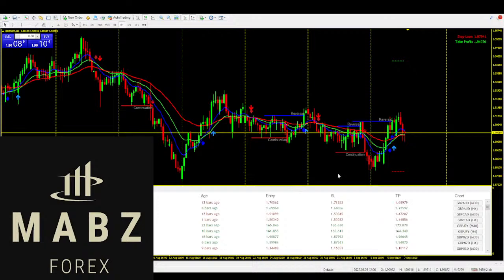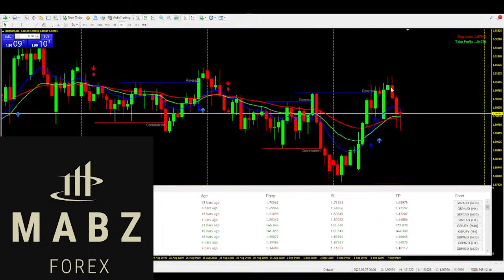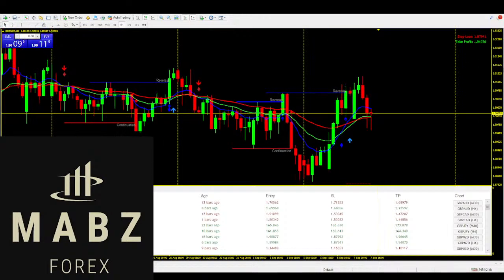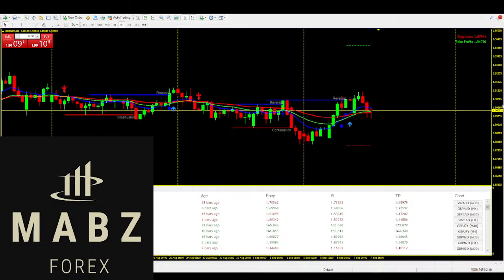All right, so here's a typical opportunity. This is the type of setup that we want to see on the 1 minute time frame. I'm just going to show you what we want to see before I actually explain how it works.